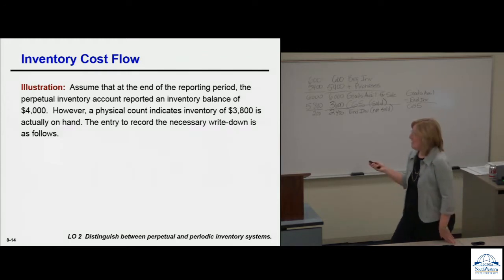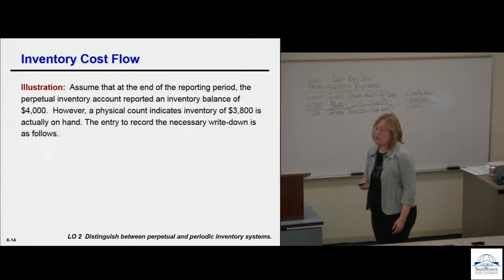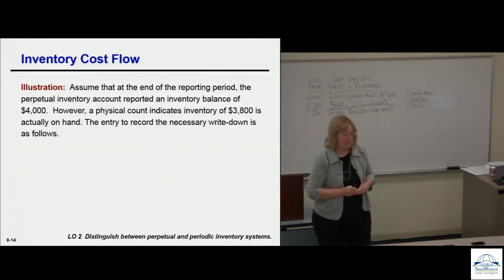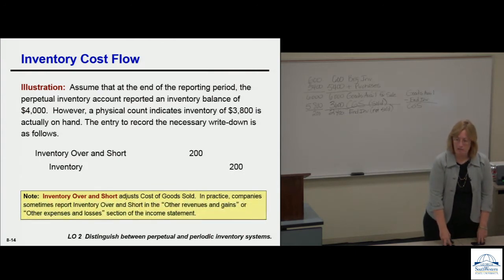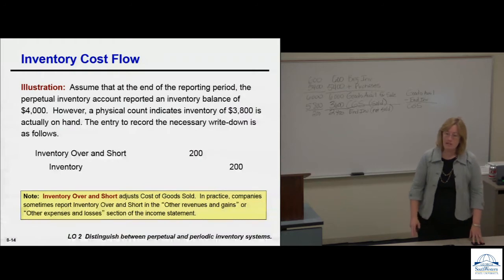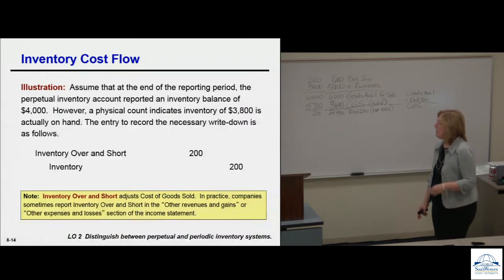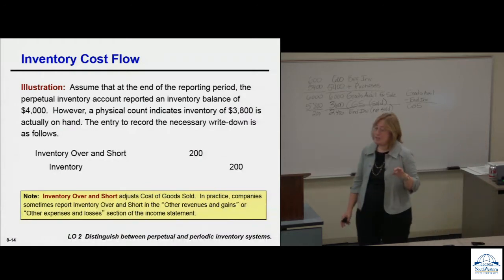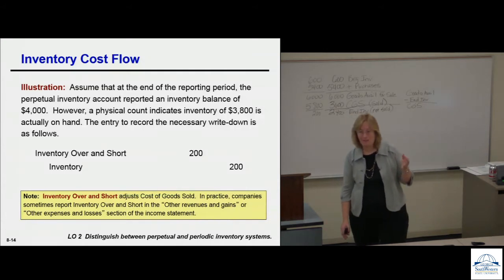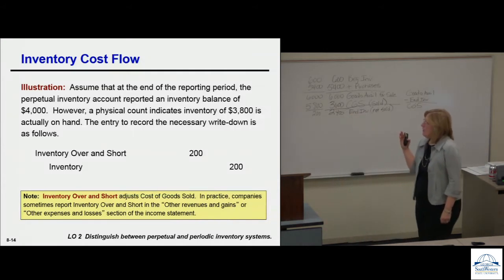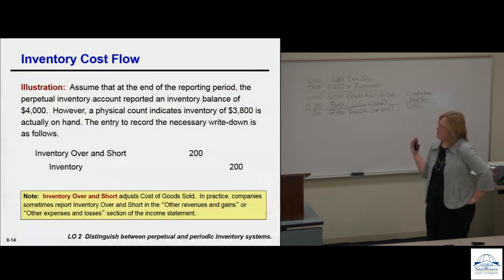We have an account called over and short, okay? There's an over and short account that we have for inventory, and there's one for petty cash. What does this over and short mean? This accounts for any mistakes or any kind of theft even. So this thing is a debit right now, right?